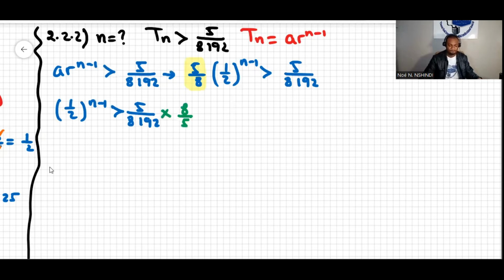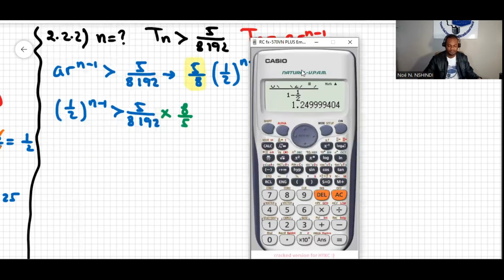Okay, I know the 5s will cancel, but I just want to use the calculator here to give me the answer. Now the answer will be 1 over 1024.